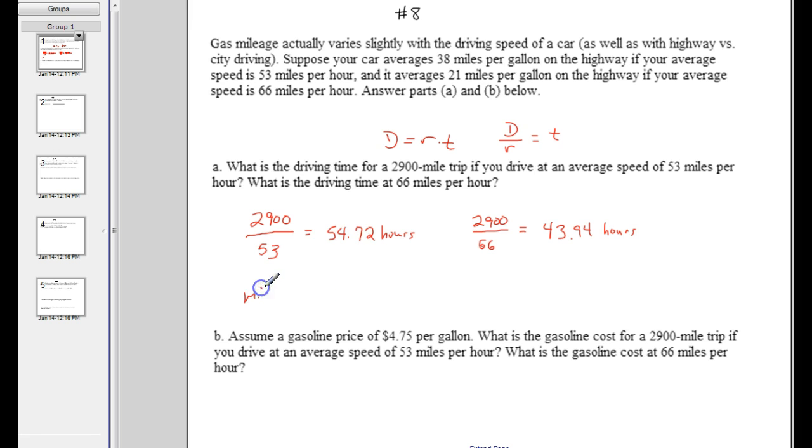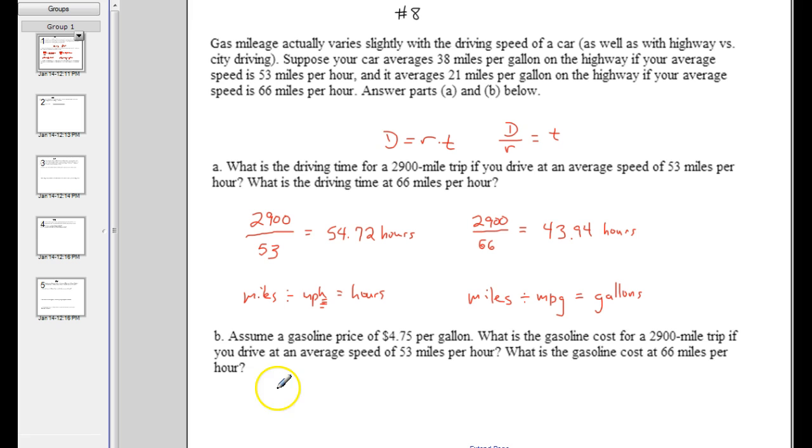We're going to use the same concept. If I take miles and divide by miles per gallon, just like miles divided by miles per hour is hours, here I'll get gallons.